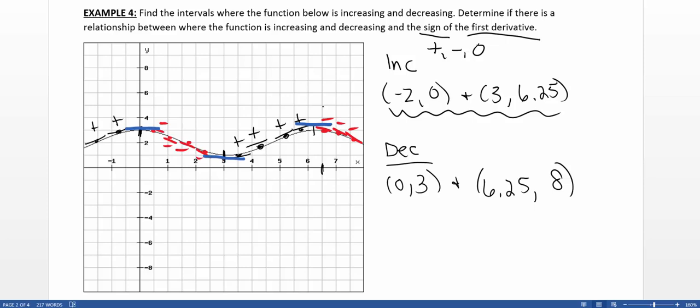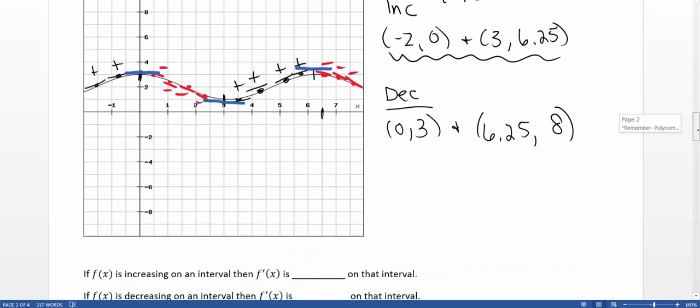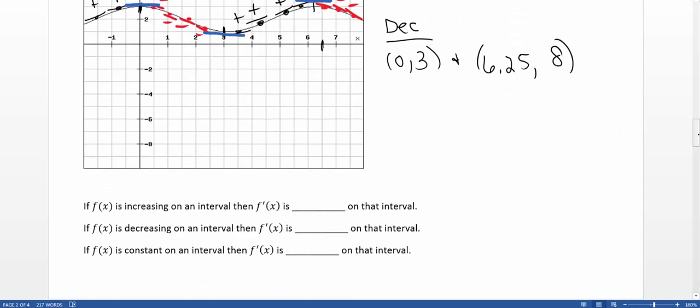So this brings up our first set of rules about the relationship graphically between the original function and the first derivative. These are going to become really important, and we're going to build upon these as we look at different types of functions. So what we said is that if f of x is increasing on an interval, then the derivative of f of x is positive on that interval.